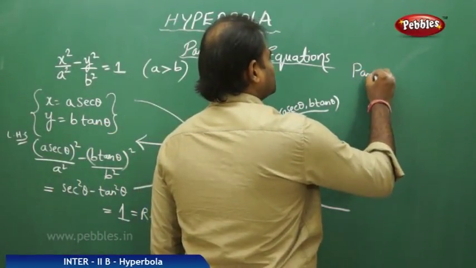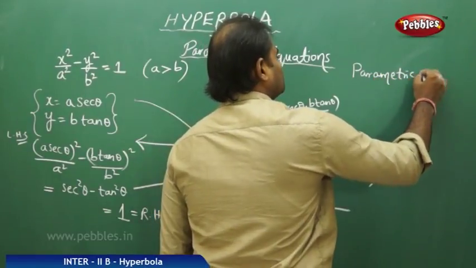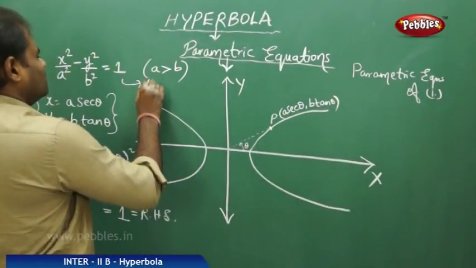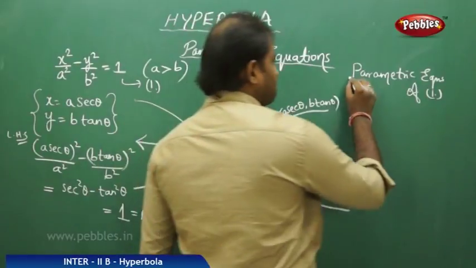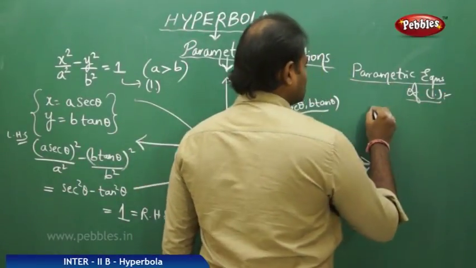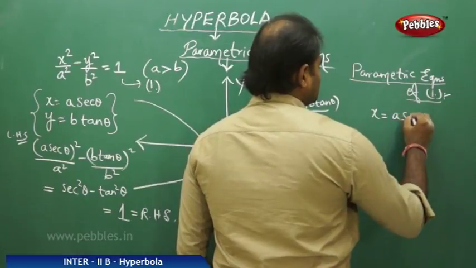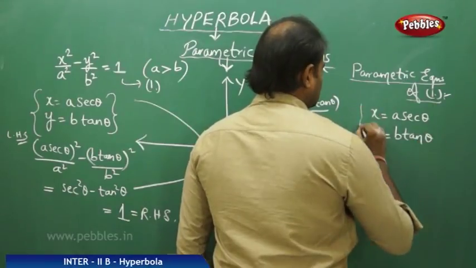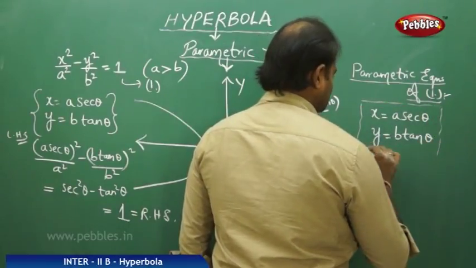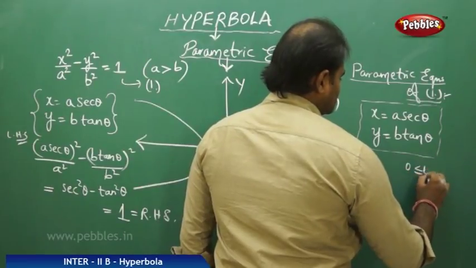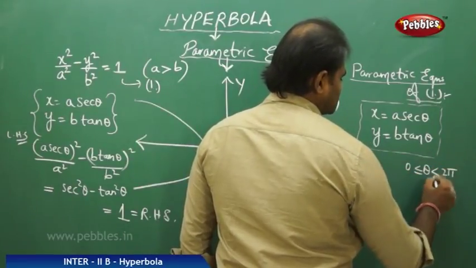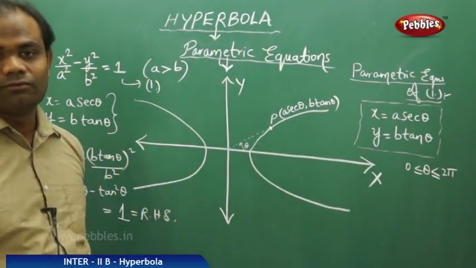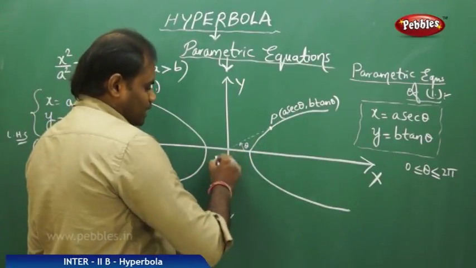And the parametric equations of the hyperbola are given by x equals a secant theta, y equals b tan theta, with 0 less than or equal to theta less than or equal to 2 pi, because theta ranges from 0 to 2 pi in one full revolution or rotation of the angle.